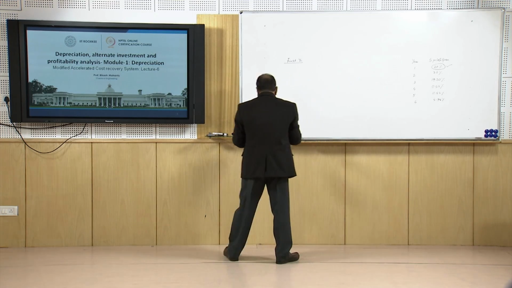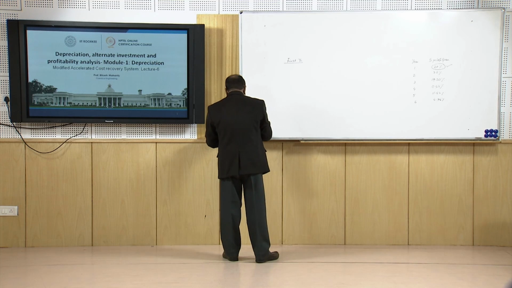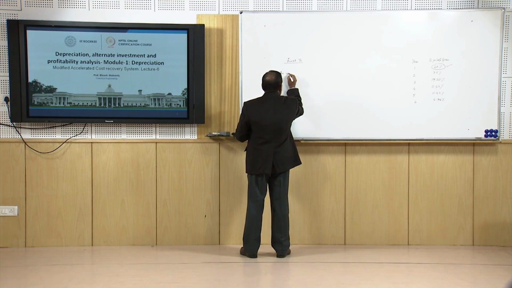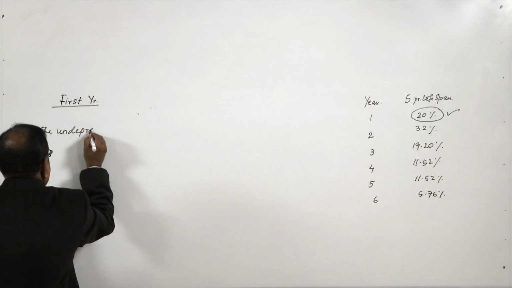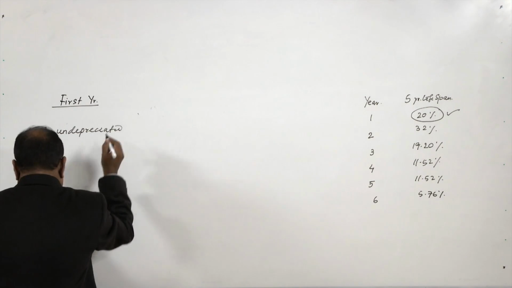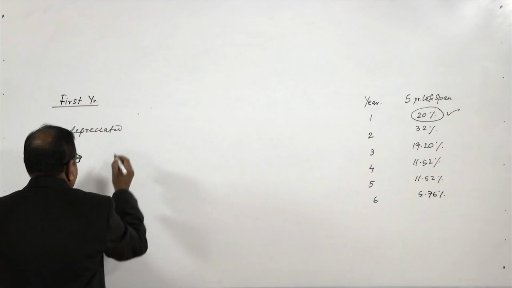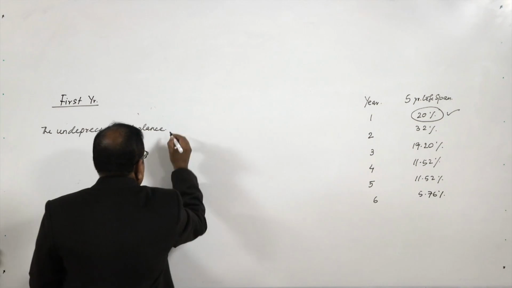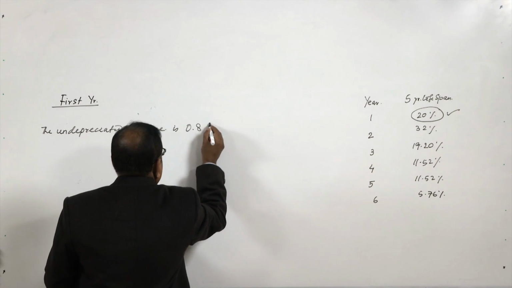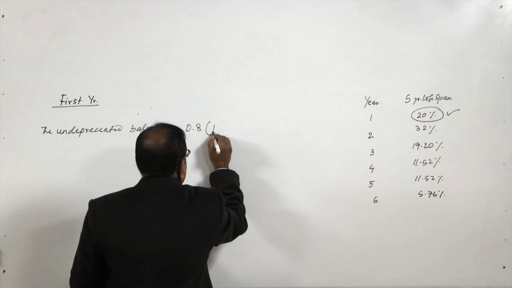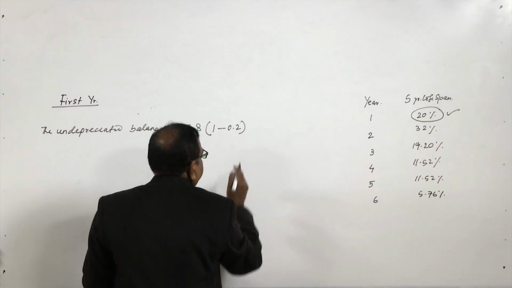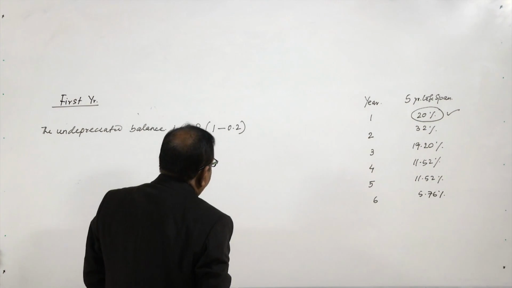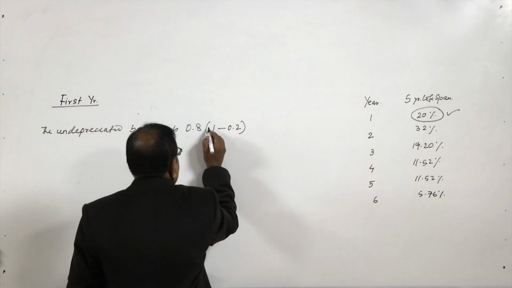Now, in the second year, the undepreciated balance is 0.8. How 0.8? 1 minus 0.2. This is 20% I have already paid off. So, this is 1 minus 0.2 is 0.8.